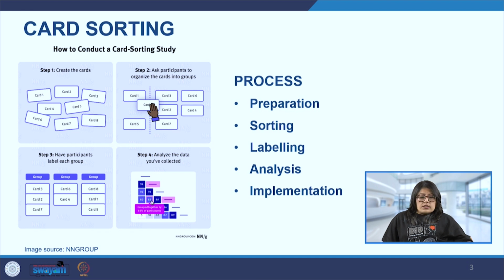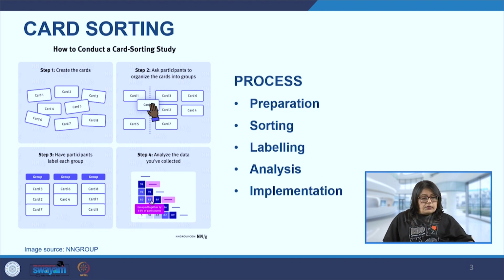So the process is the preparation where we have the cards. On each card we have a certain attribute that is mentioned, so one attribute per card, and then the participants are asked to group these cards in a way where it makes a lot of sense so that they are similar in terms of the theme or broadly the heading.